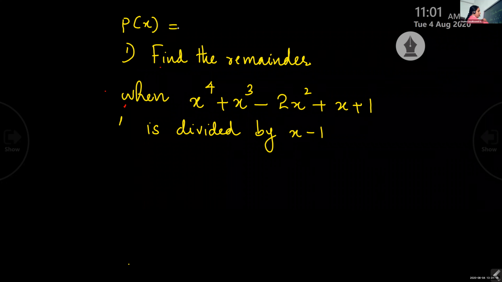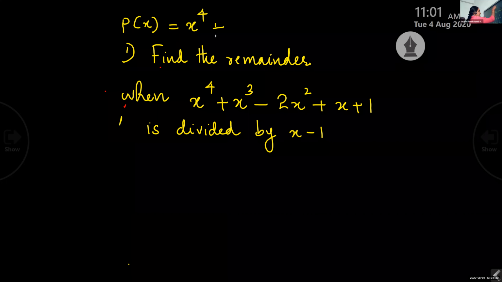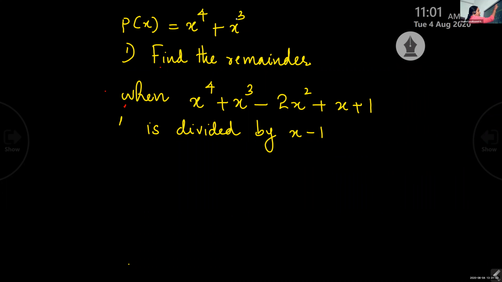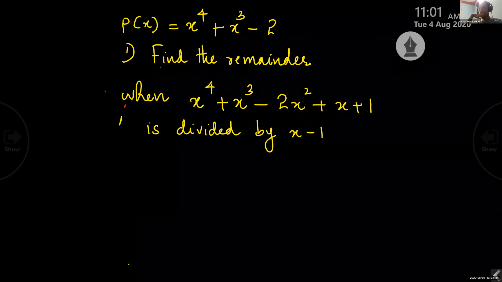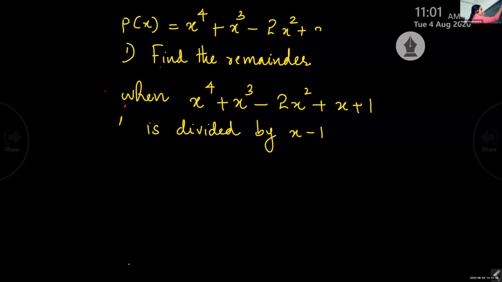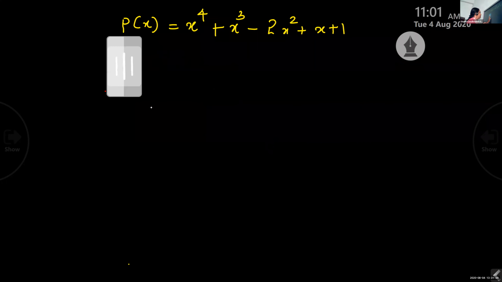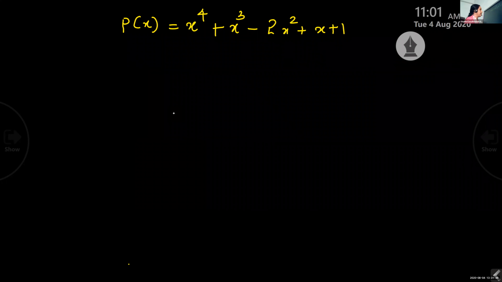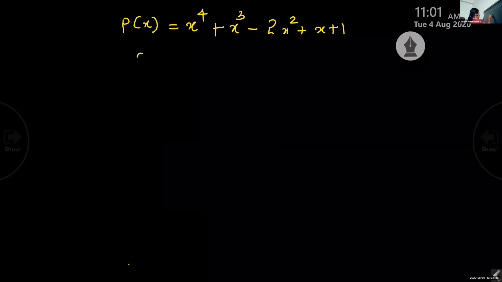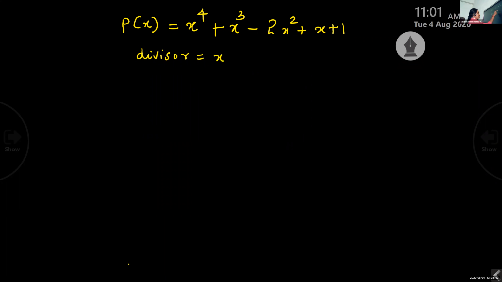P of x equal to x raised to 4 plus x cube minus 2x square plus x plus 1 is divided by x minus 1. You have to find the remainder. The divisor is x minus 1.